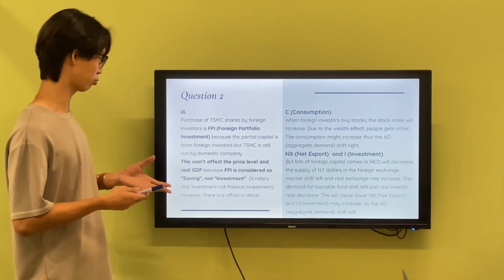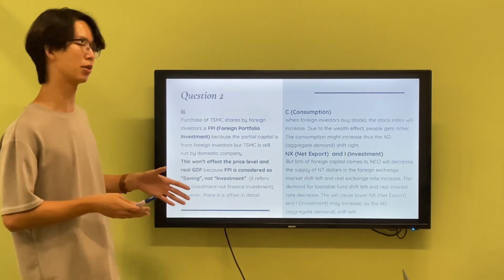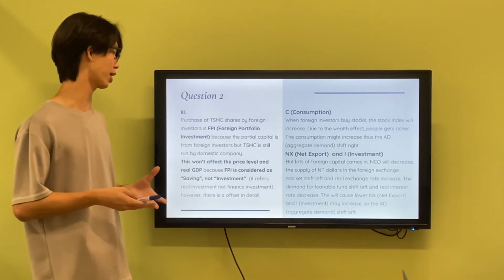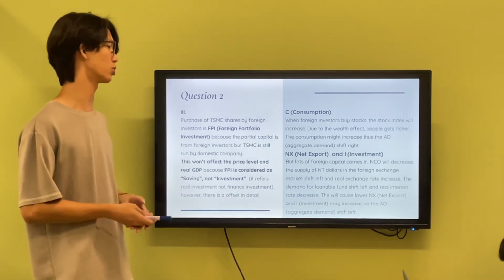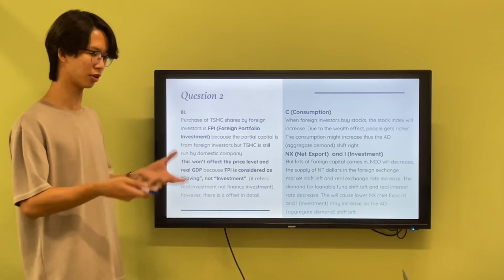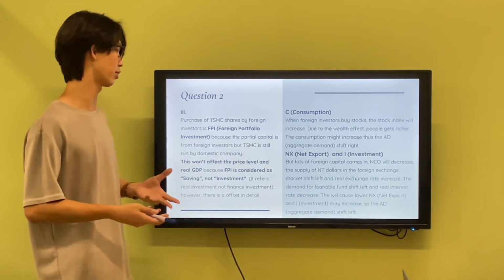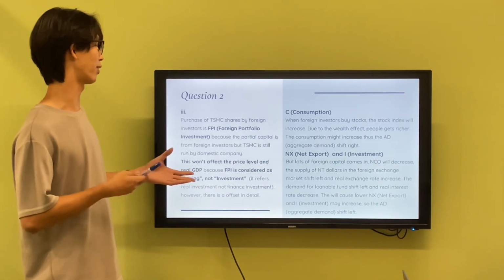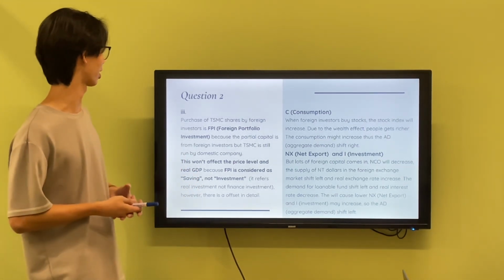This won't really affect the price level and the real GDP, because FPI is actually considered saving, not investment. In GDP, investment refers to real investment, like physical investment, like machines or land, and not financial investment, like buying stocks.